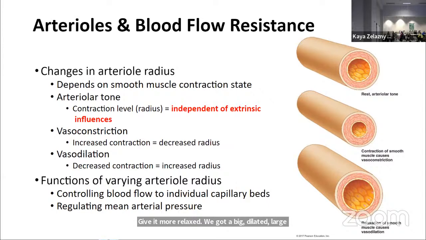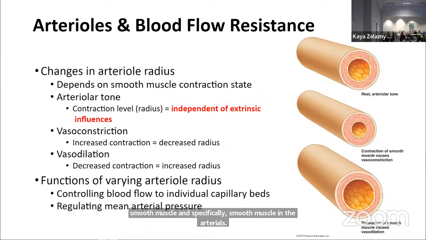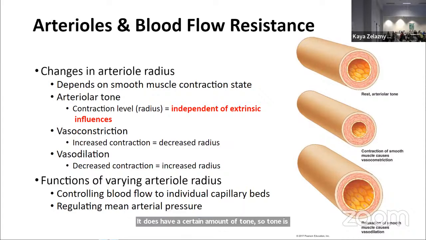Now, smooth muscle, and specifically smooth muscle in the arterioles, does have a certain amount of tone. Tone means it's in a slightly contracted state to begin with. Most of the time when you're just hanging out, not changing your arterial radius, you're not fully relaxed, you're not at the largest possible state for that arteriole, and neither are you at the most contracted state.